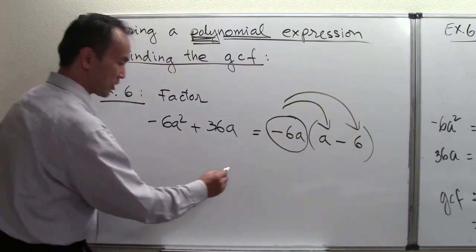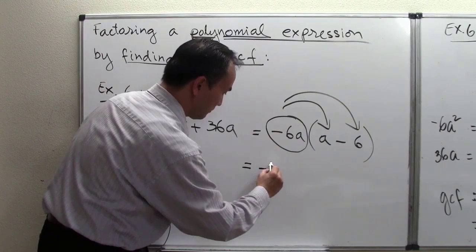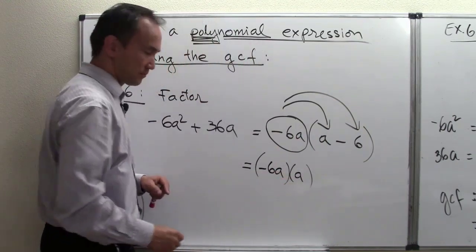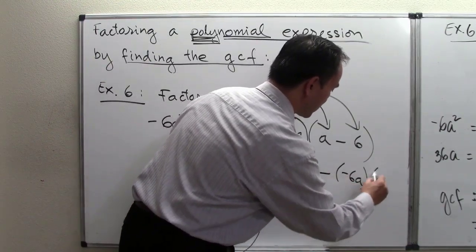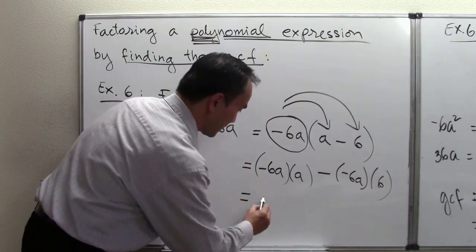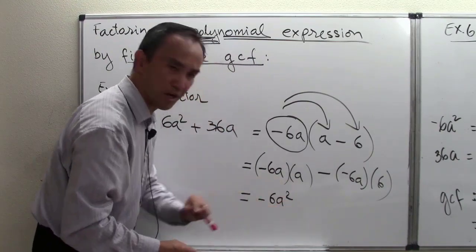So minus 6a times a, minus, and then we got minus 6a times 6. Minus 6a times a is minus 6a squared.